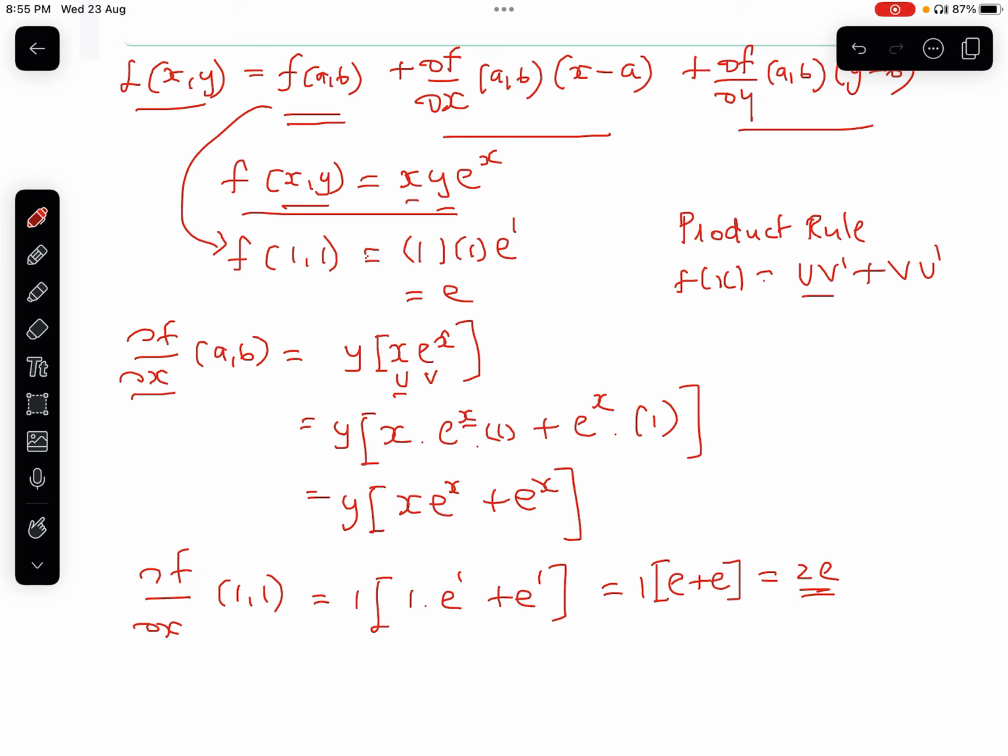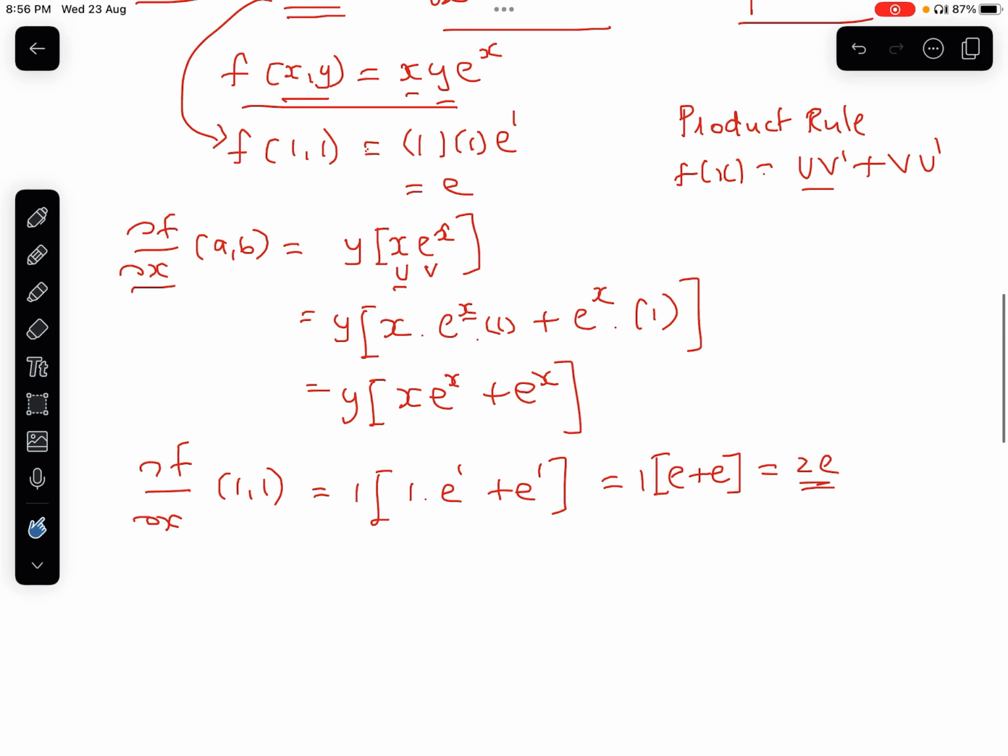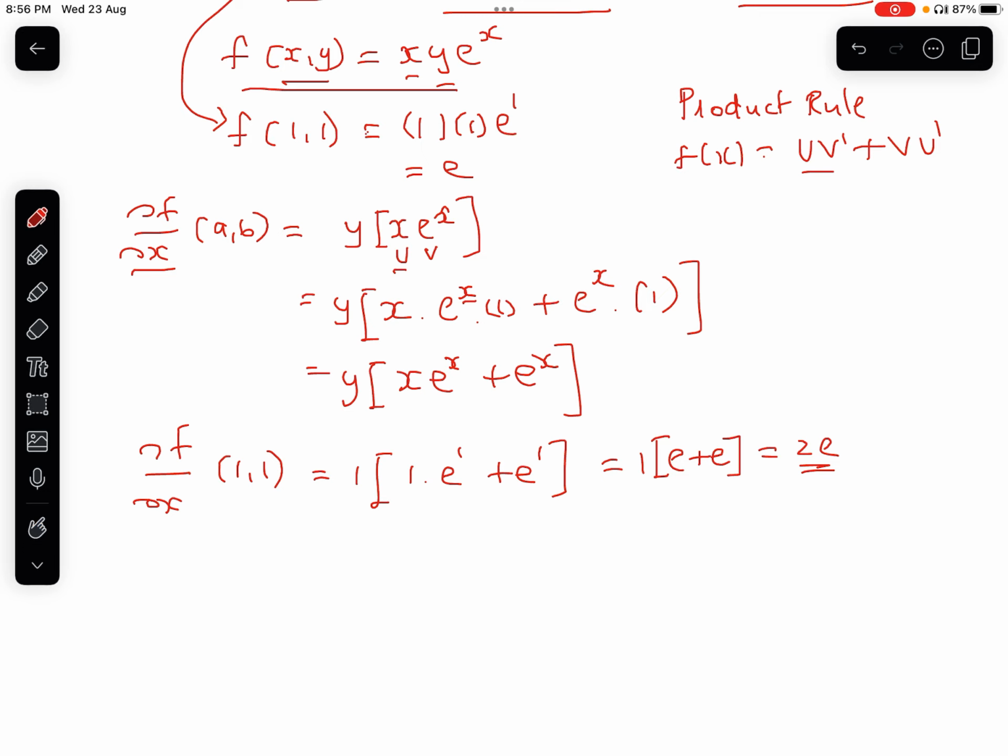Similarly, next we should find dou f by dou y at a comma b. Since we are partially differentiating with respect to y, we take x outside and y inside the bracket followed by e power x, and here also we use the same product rule. Keep x outside as it is.